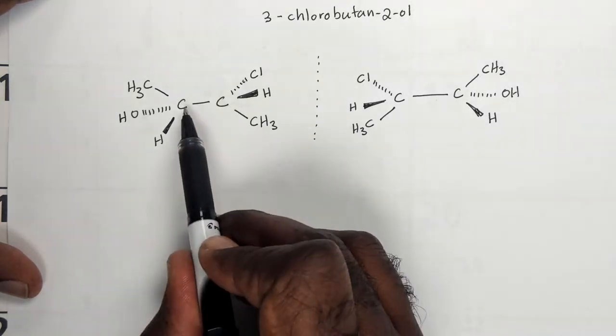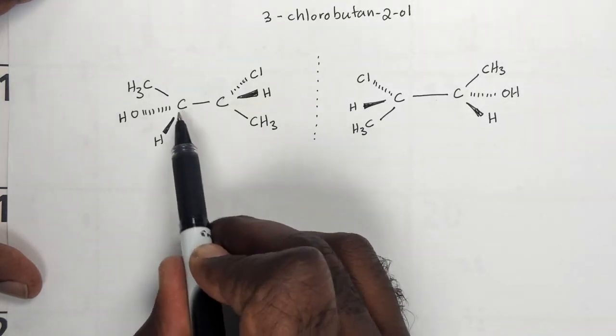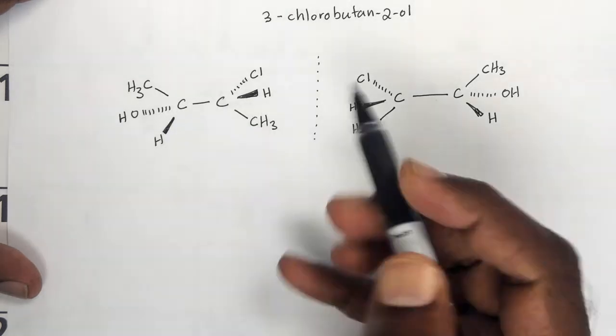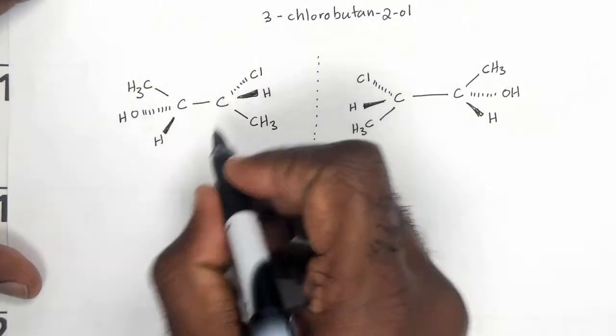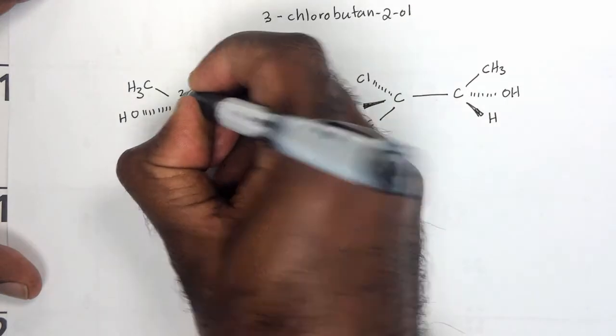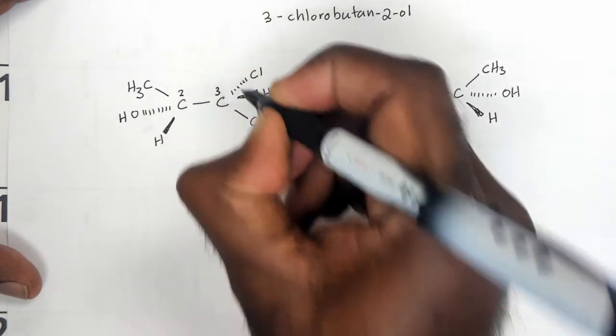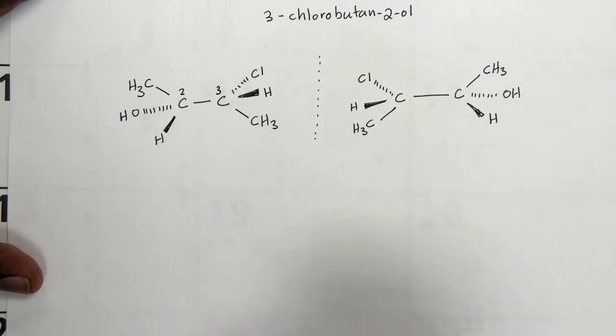So what I'm going to do now is attempt to name this molecule, and I'm going to choose this center first, and remember that this was carbon number 2, that was carbon number 3.